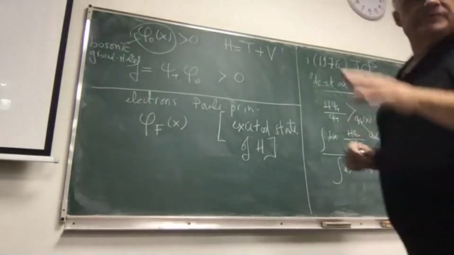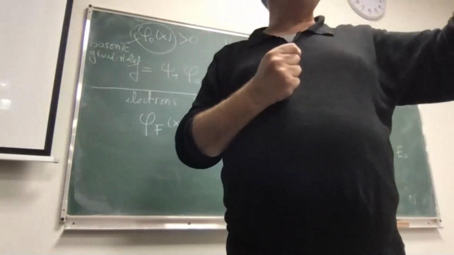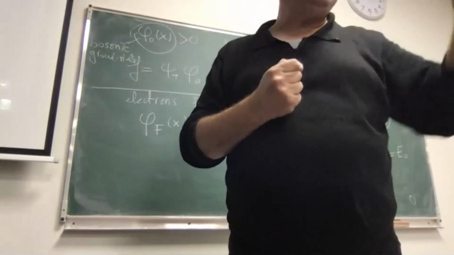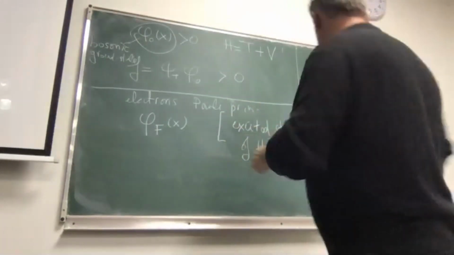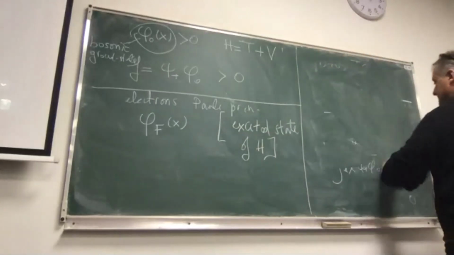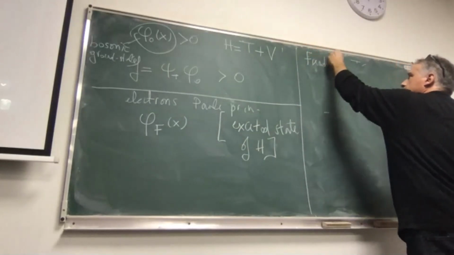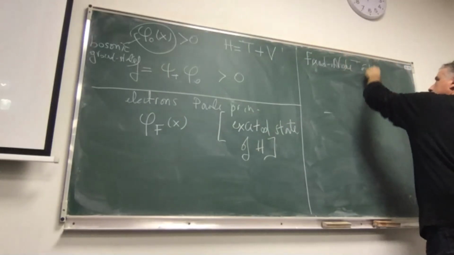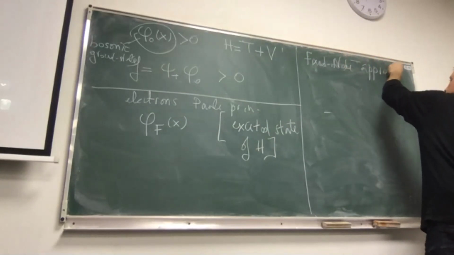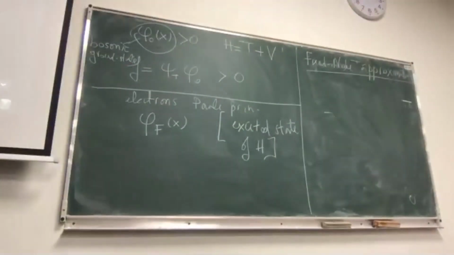I won't enter into the story of the sign problem, but we have one stable, realistic, and only one solution to this problem right now, which is called the fixed node approximation. The fixed node approximation is fun because even if you don't know the problem, you do it.